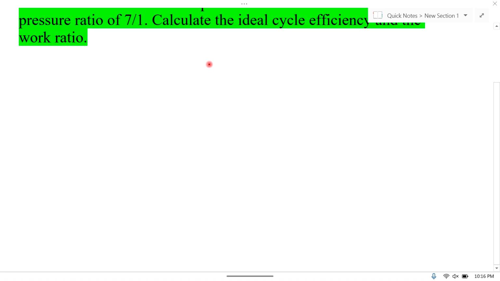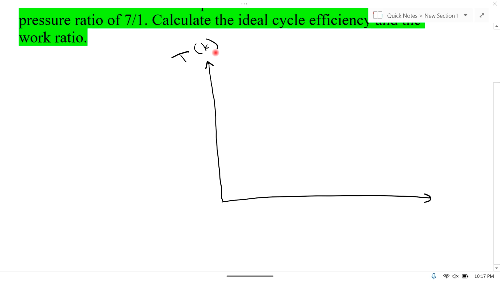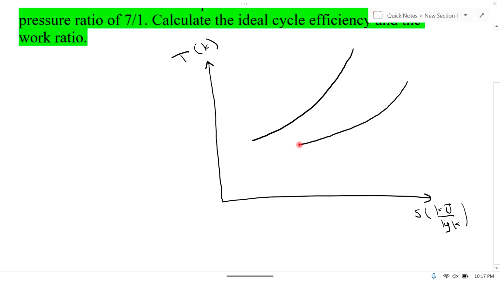First I draw the TS diagram for the closed gas turbine, with temperature in Kelvin and entropy in kilojoule per kilogram per Kelvin. There are two constant pressure processes and two constant entropy processes in the closed turbine.